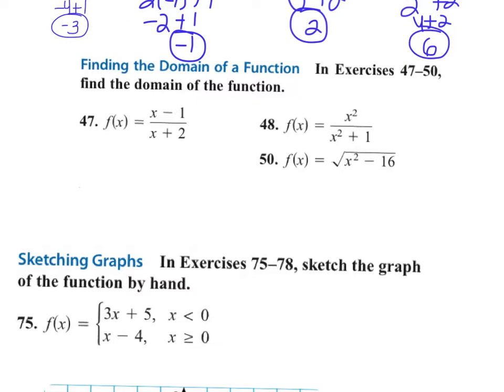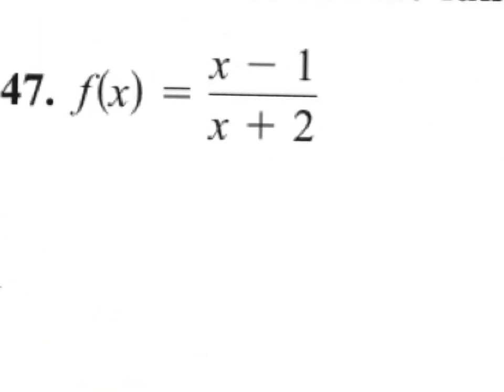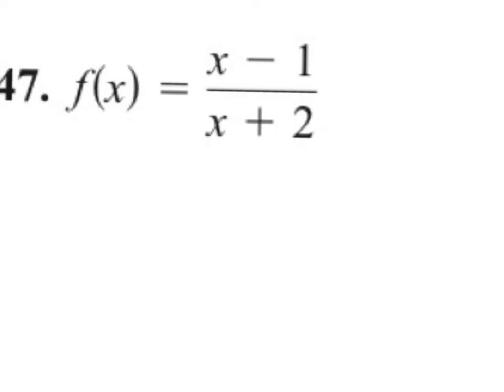So if you have a variable in the denominator, you have to figure out what x cannot be. If you have a radical, you have to figure out what x cannot be. If you have a radical in the denominator, you have to figure out what x cannot be. So in number 47, what is the only number in the world that x cannot be? Negative 2, right?